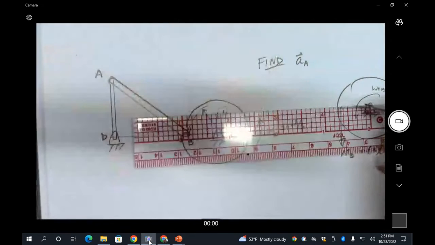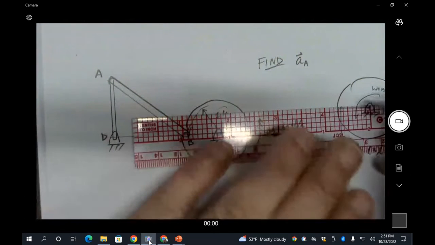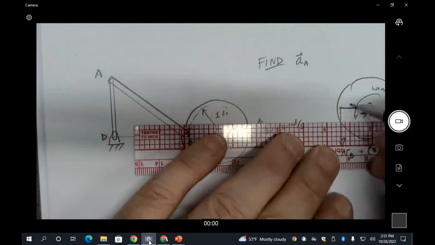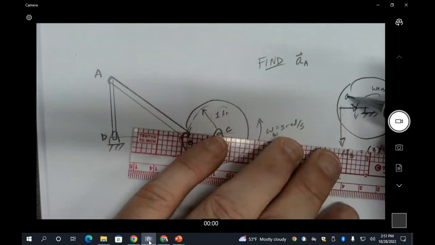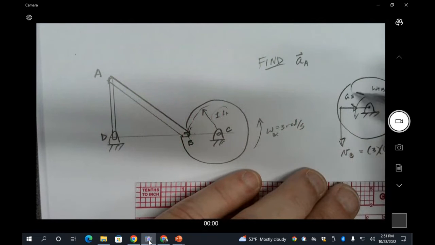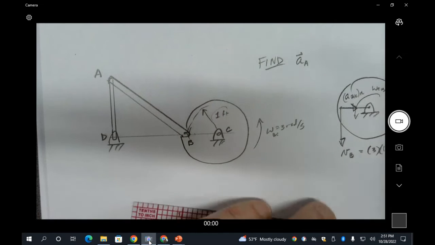While we're here on this diagram, we'll go for the acceleration of B. Now this is actually the acceleration of B with respect to C in the normal direction.